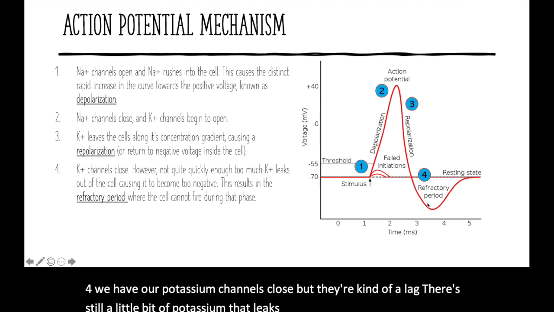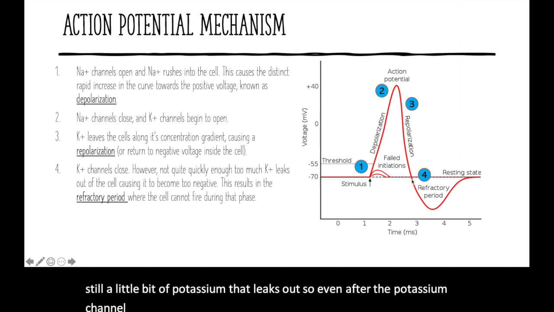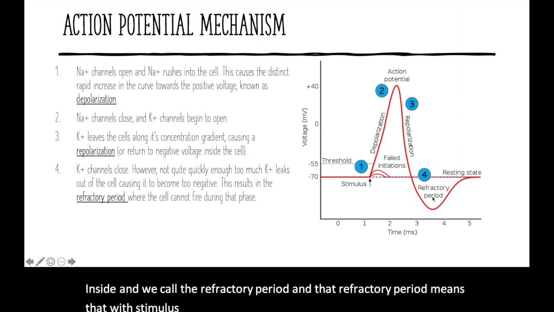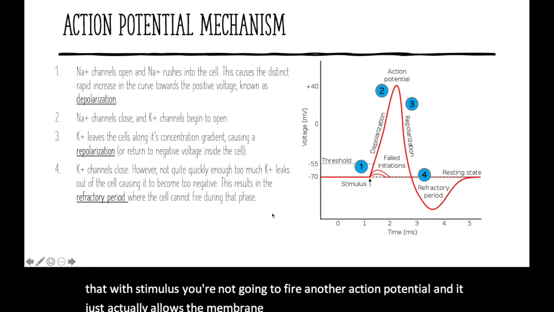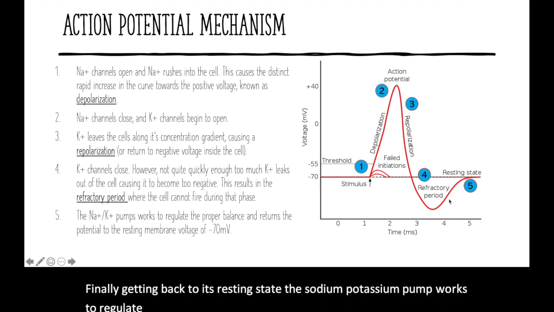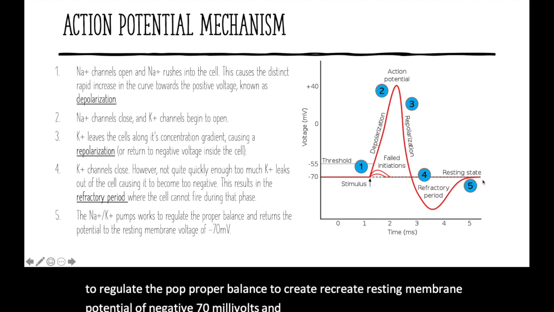So even after the potassium channels close, the cell goes more negative inside, and we call this the refractory period. That refractory period means that even with a stimulus, you're not going to fire another action potential, and it allows the membrane to reset. Finally, getting back to its resting state, the sodium-potassium pump works to regulate the proper balance to recreate this resting membrane potential of negative 70 millivolts. And then that part of the axon is ready to do the whole thing again.